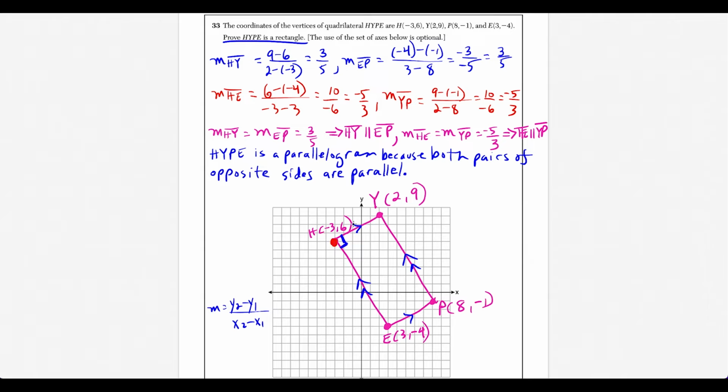And the way we're going to do that is we're going to say here that HY is perpendicular to HE because these slopes are negative reciprocals of each other.